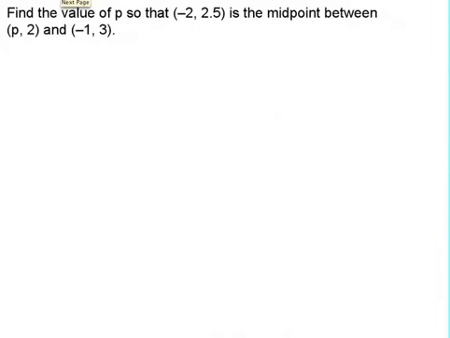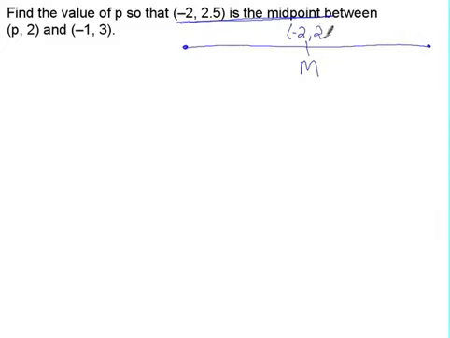Find the value of p so that negative 2, comma 2.5 is the midpoint between p, 2 and negative 1, 3. Again, it will be helpful maybe to make a little diagram. Make sure we're labeling and putting the right points together. So the midpoint should be negative 2, comma 2.5.